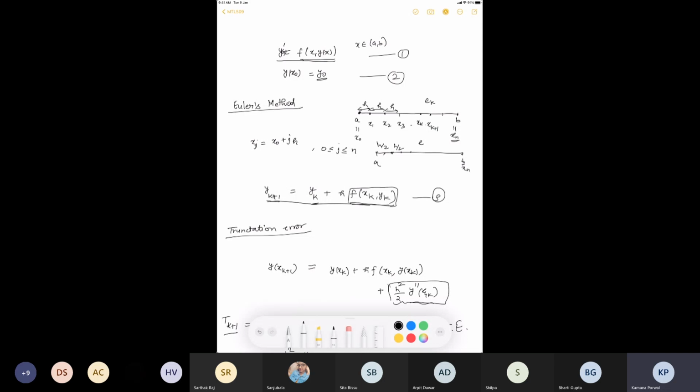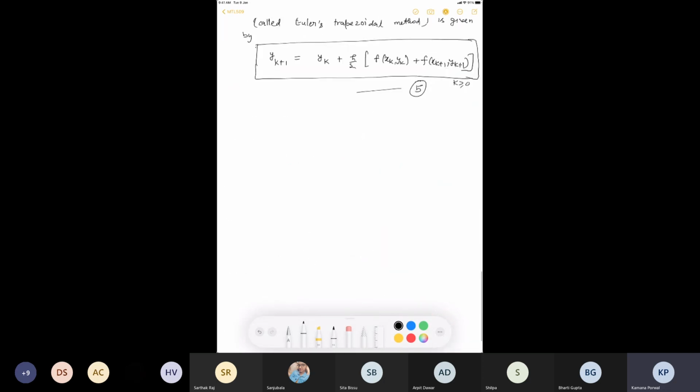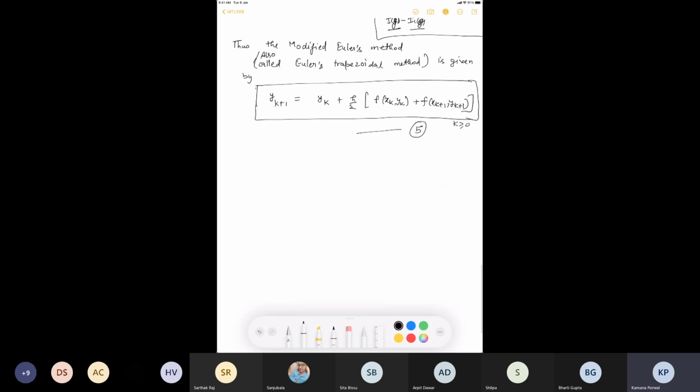That's what we did in the example for Euler's method. But if you pay attention to this formula, you have to compute y_{k+1}. On the right-hand side you have y_k and the term f(x_k, y_k), but this term also has y_{k+1} sitting here.